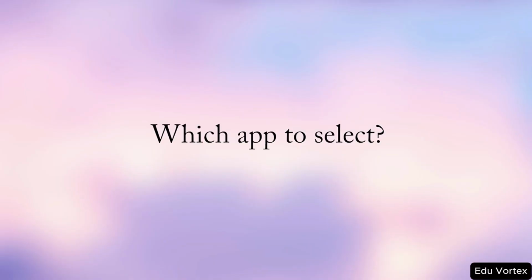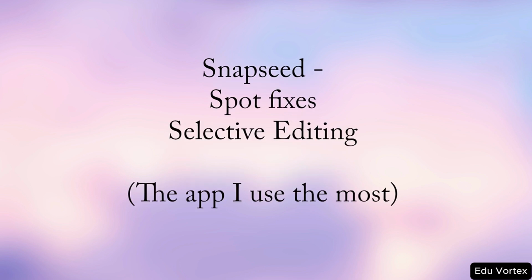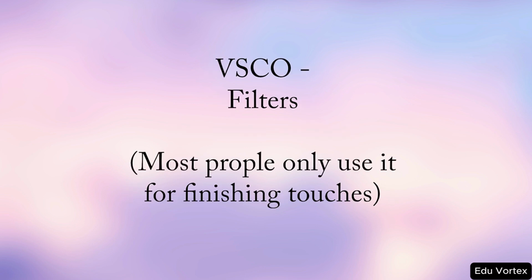Now, if you're wondering which app you should select when you're editing photos, should you use Snapseed, VSCO, Lightroom, or the inbuilt photo editing app? Here's a simple guide. Snapseed is best for spot fixing and selective edits. It is great for travel photos where you want to clean up distractions or brighten a specific area. Now, VSCO.